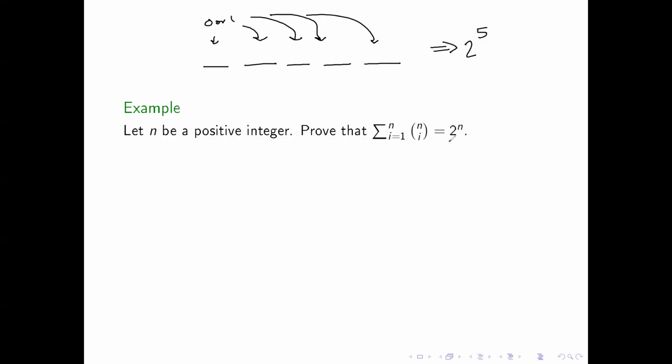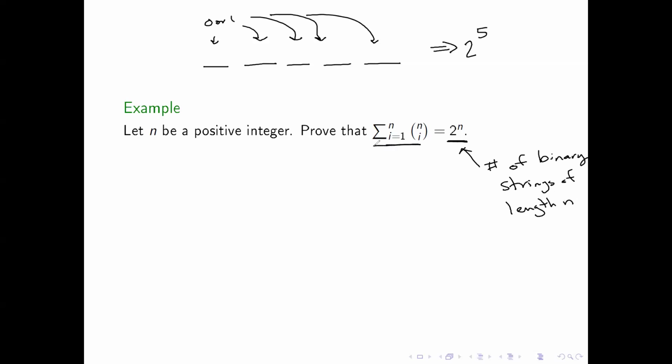So what could this right here be counting? How many possible combinations there are of binary strings of length n? Yeah, maybe. So we just write this is the number of binary strings of length n.